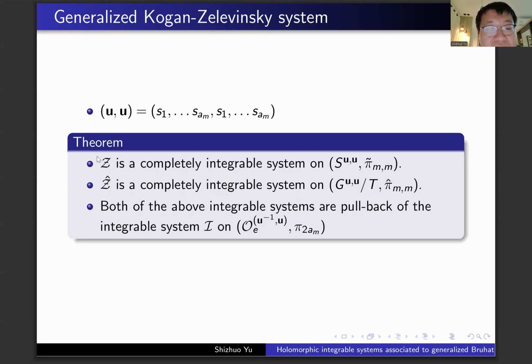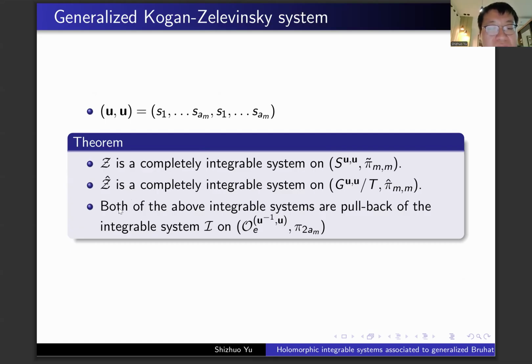The fact is that it is a completely integrable system on the symplectic leaves S_{UV}, and it is a completely integrable system on G^{UV} over T. It is a more general case than the double Bott-Samelson, and although the construction is much more complicated than the usual generalized double Bott-Samelson, the idea is the same.